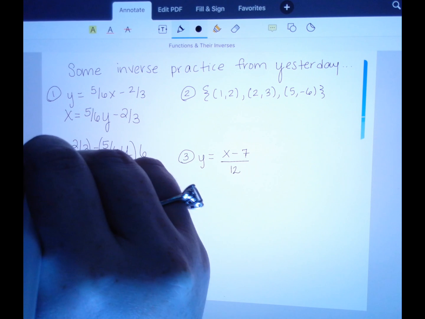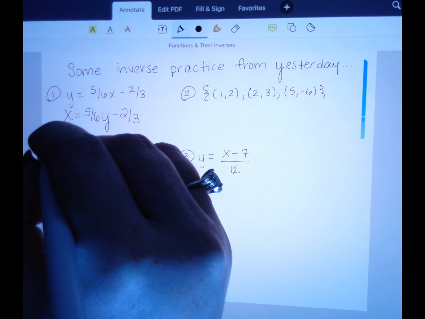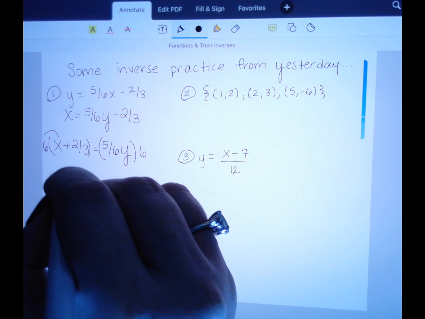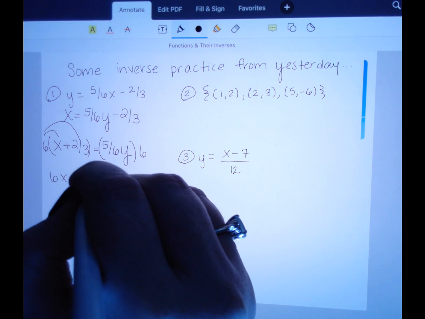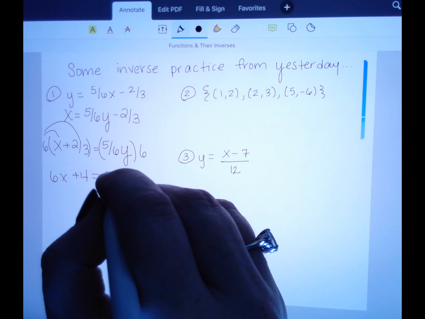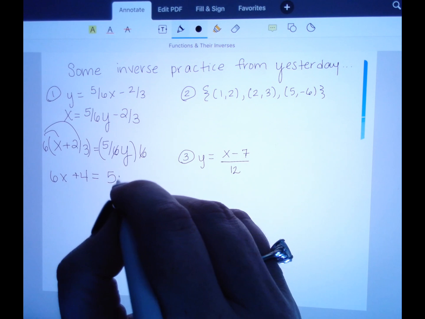Multiply this whole side by 6. So I'm going to get 6x. And then I'm going to do 2/3 of 6. So hopefully you got your 6 times your 2/3 and you got your 4. And then your 6's here cancel, so you end up with 5y.